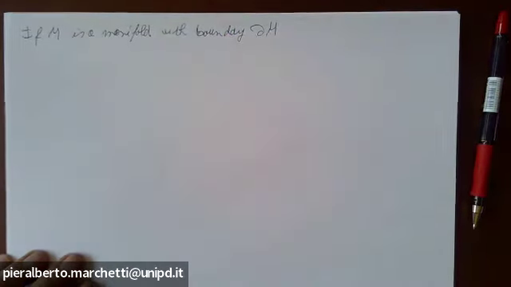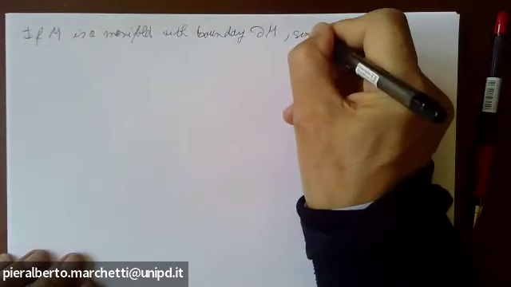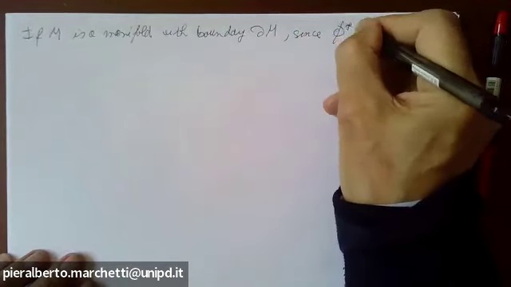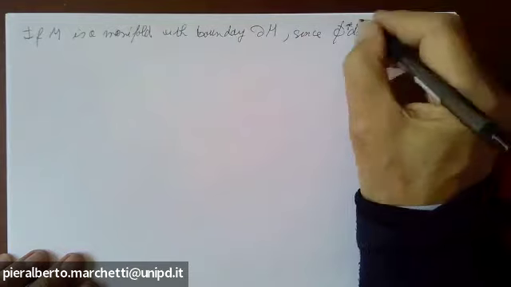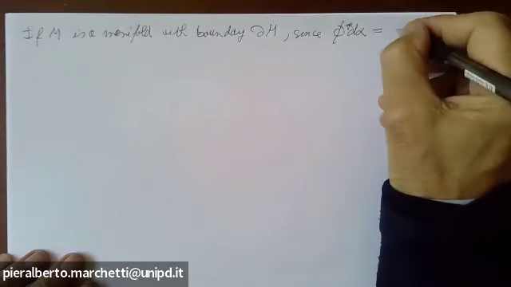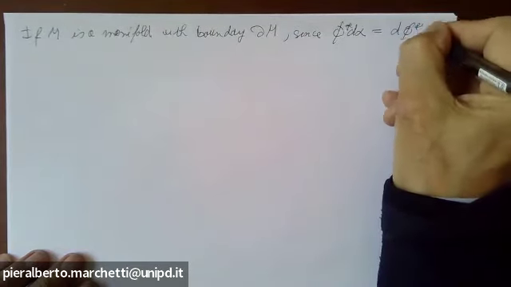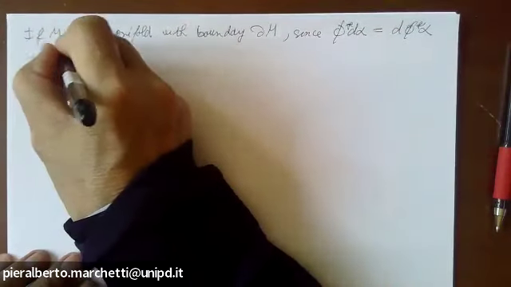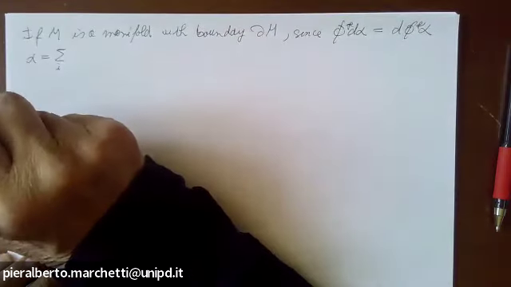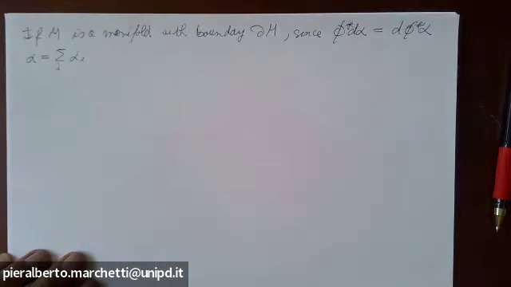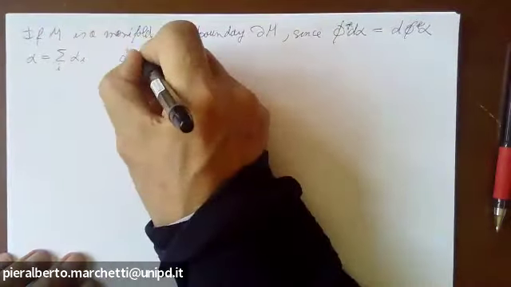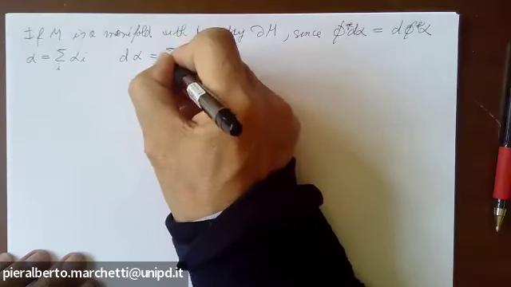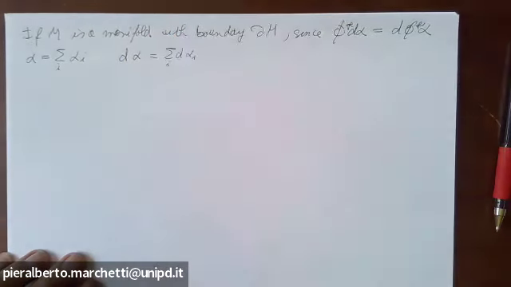Boundary of M. Since you can check easily that the pullback, maybe we already mentioned, commutes with the exterior derivative, and our alpha was just, if you look back, the sum of the individual alpha I, which have support only on ui, well, by definition, d alpha is equal to the sum over I of d alpha I.